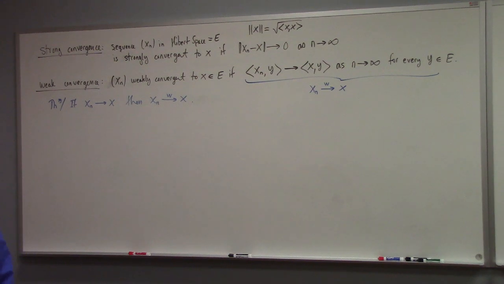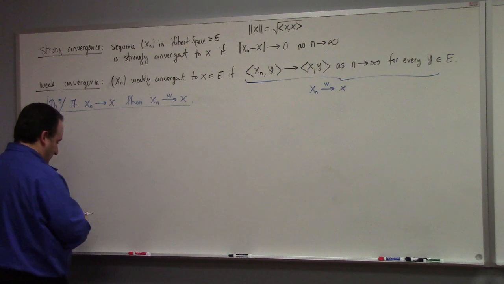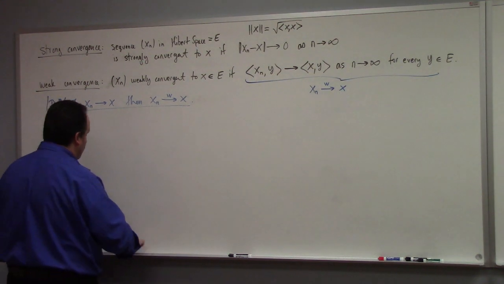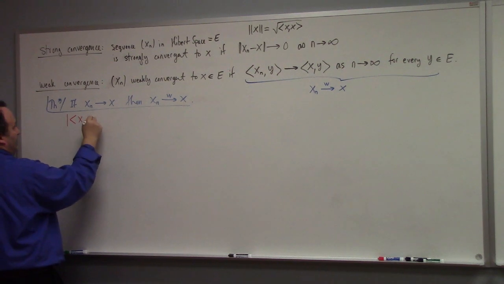So the proof, he says, is basically by Schwarz's inequality. Let me write it down here. He looks at the absolute value of xn minus x with y.